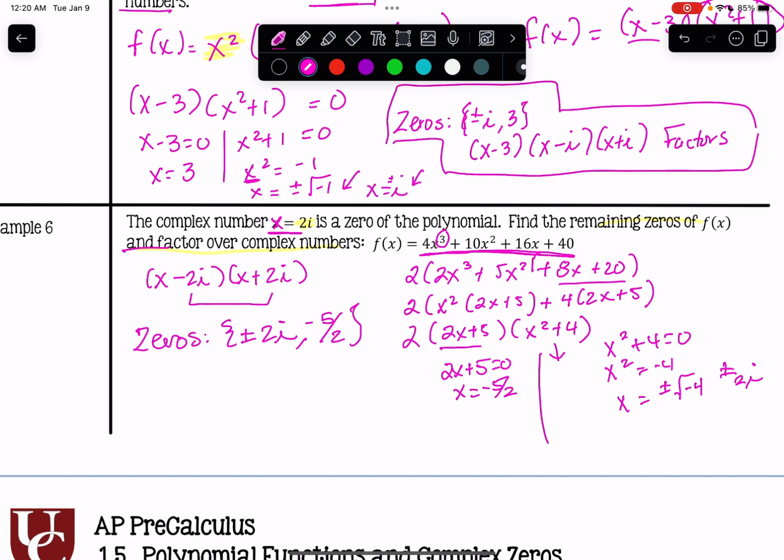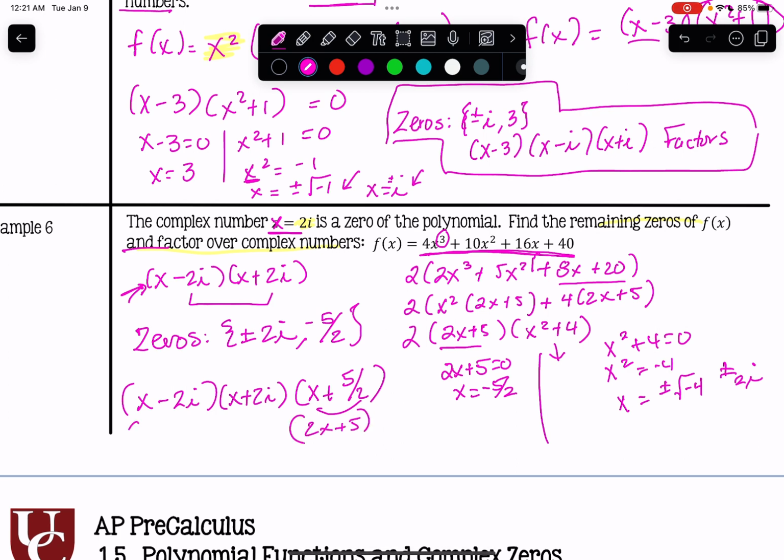And then the factors would be, we started up here, they gave us those, x minus 2i, x plus 2i, and then you can write x plus 5 halves, but we usually write that as 2x plus 5.